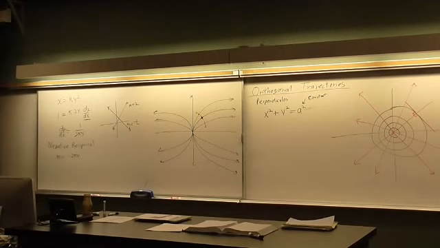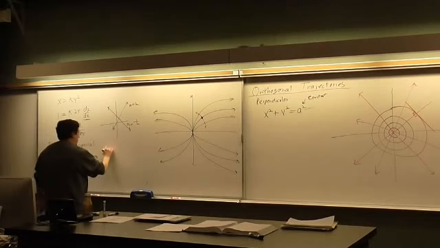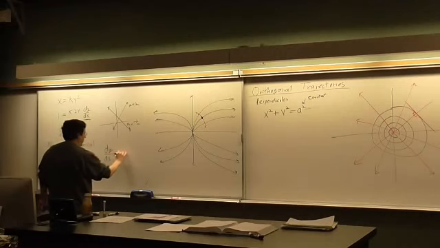So what I want is a function, or a family of functions, where this is the slope. What's the slope of a function? Its derivative. So dy dx equals negative 2ky.